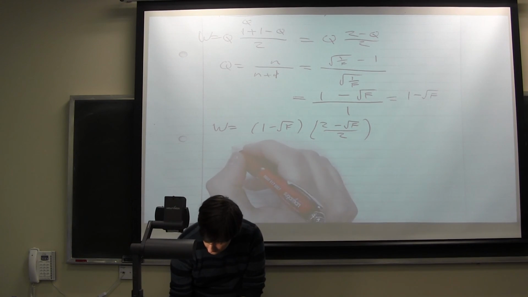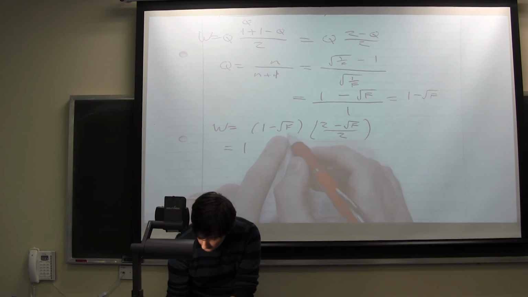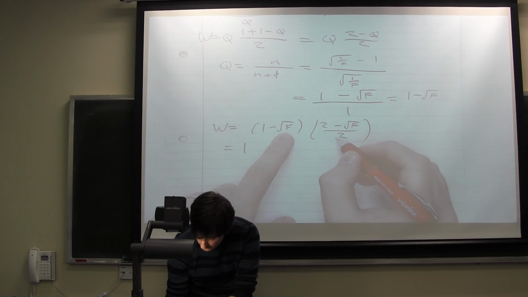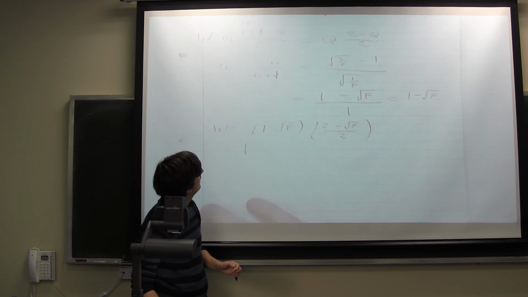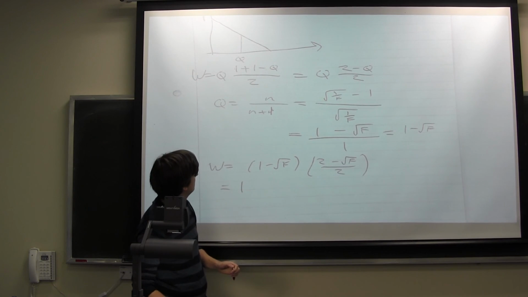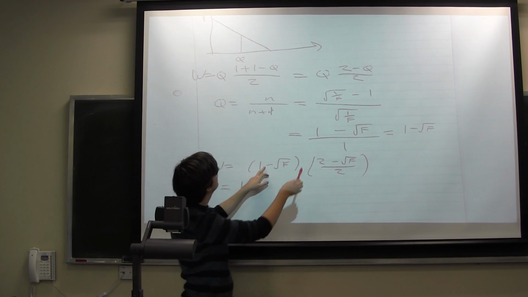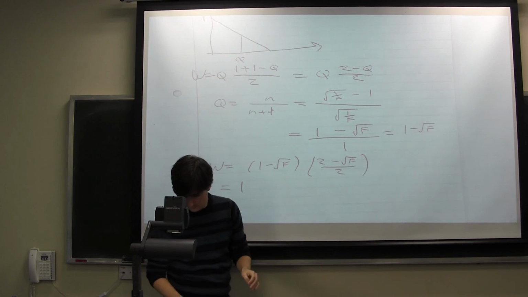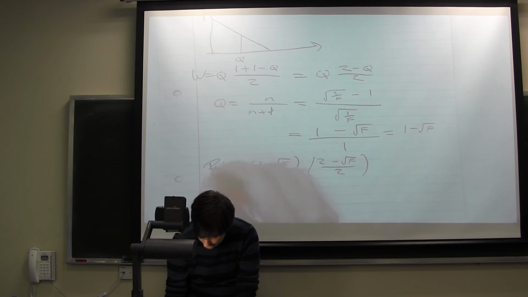Multiplying out the brackets, we get 1 times 1, which is 1, minus root f. Shouldn't that be 3? Oh, have I made a mistake? You've not added the ones in the second bracket. 2 minus q over 2.